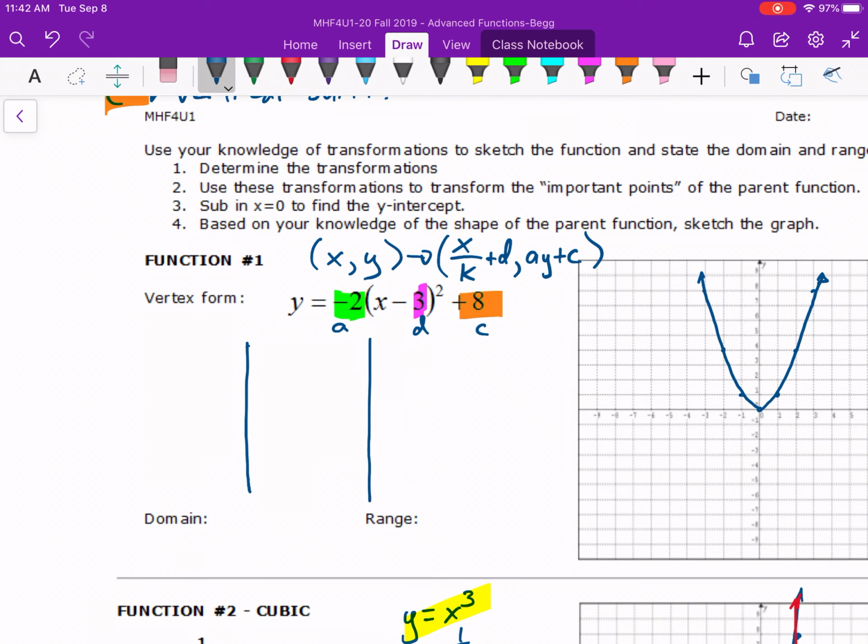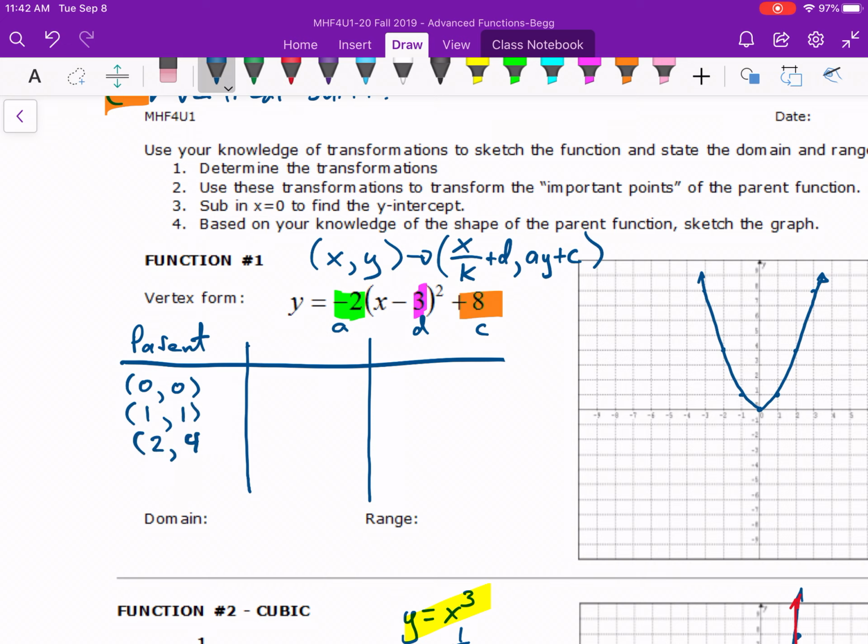Actually, I make 3 columns. I make it into a table. I call the first column parent, which would be some points on the graph I've already done. Remember, I started at (0, 0), and then I followed the step pattern. So we had the point (0, 0), the point (1, 1), the point (2, 4).